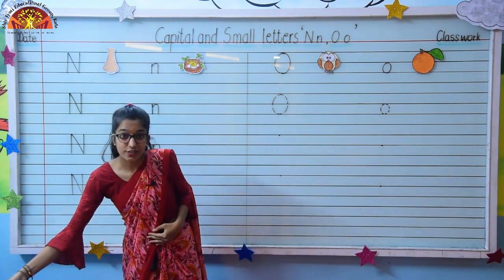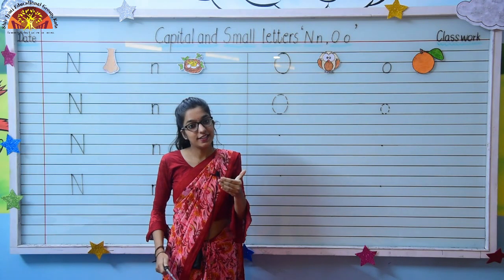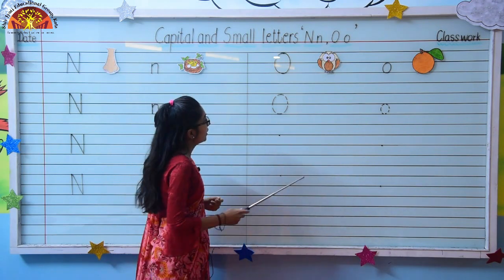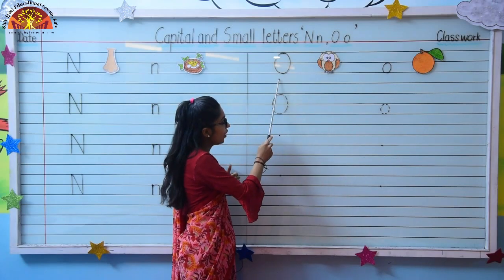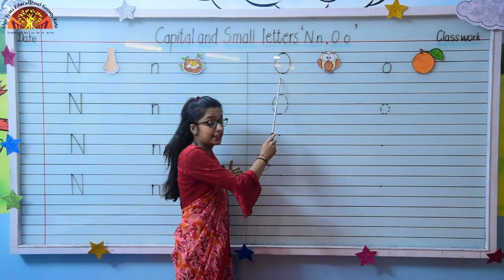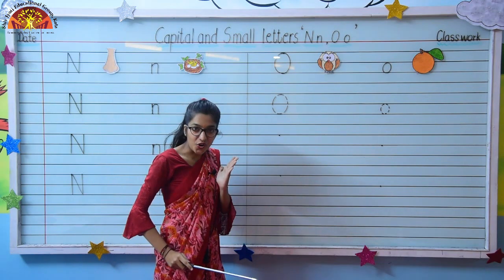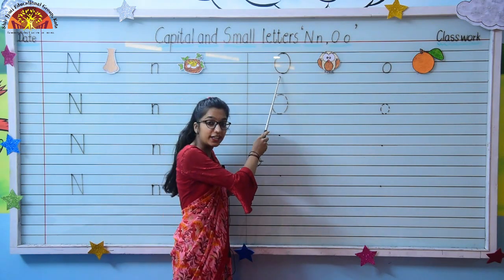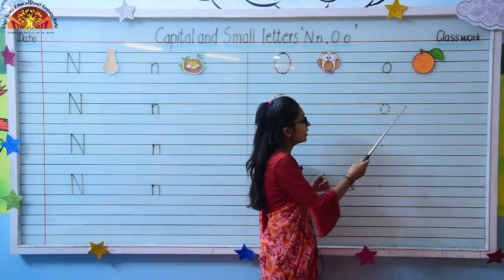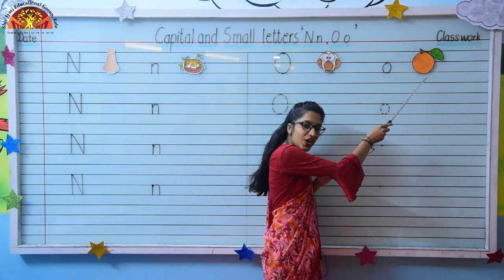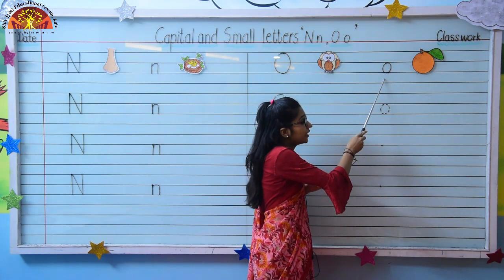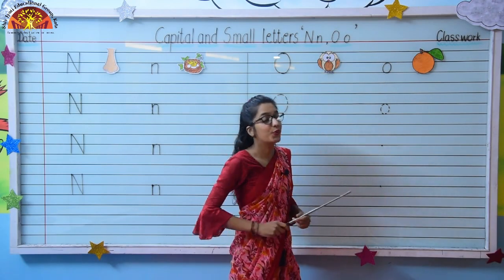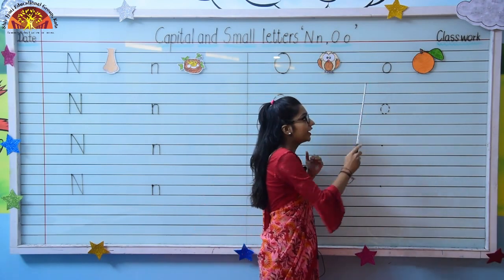Let's see some pictures related to capital and small letters O. O for owl. This is capital letter O. This is O for orange. This one is small letter O.